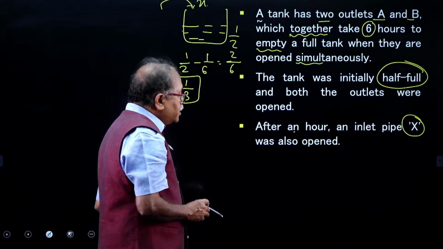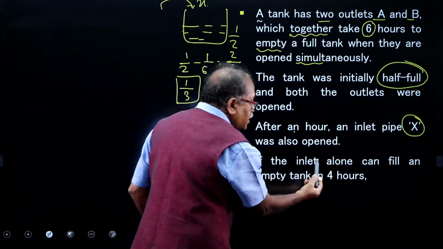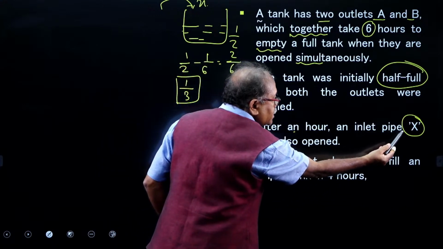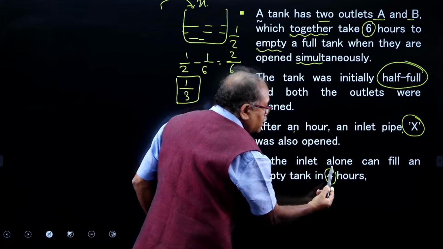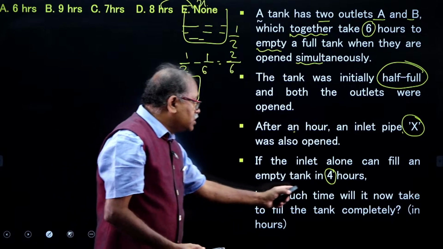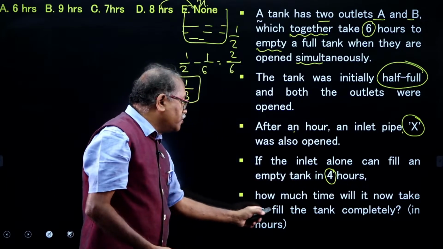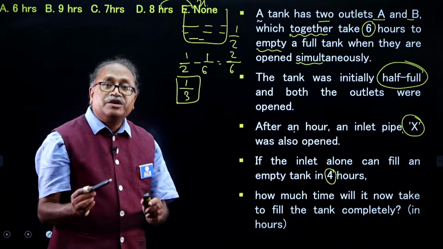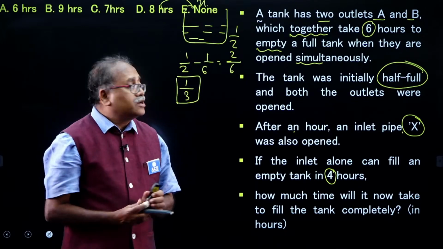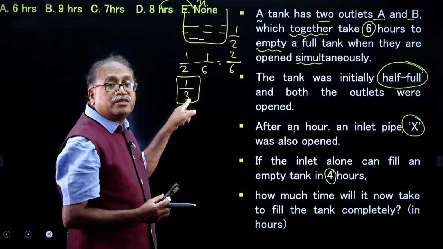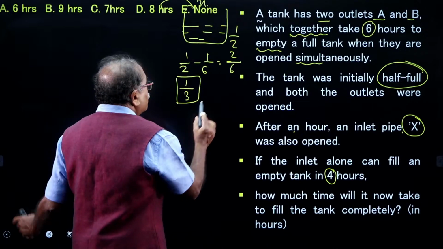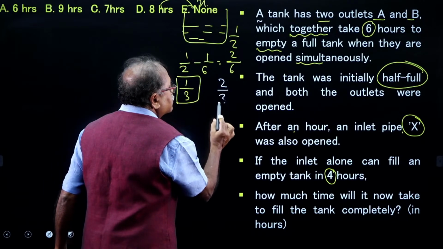Okay. Now, it is also mentioned that the inlet alone can fill an empty tank in 4 hours. Now, the question is how much time will it take to fill the tank completely? Remember that at this moment 1/3 is already filled, so I need to fill 2/3 of the tank.